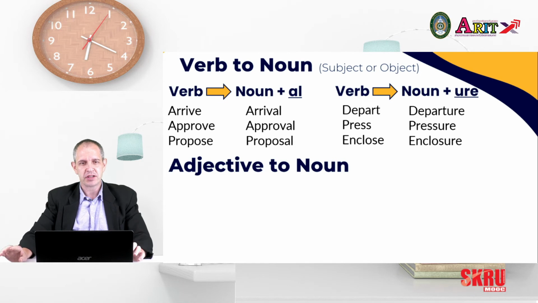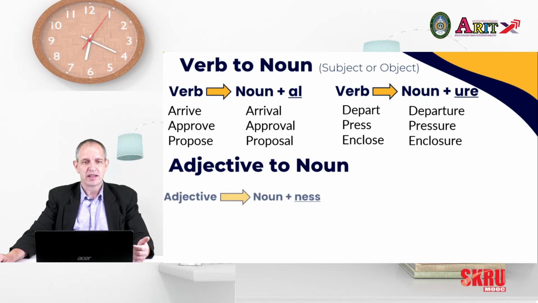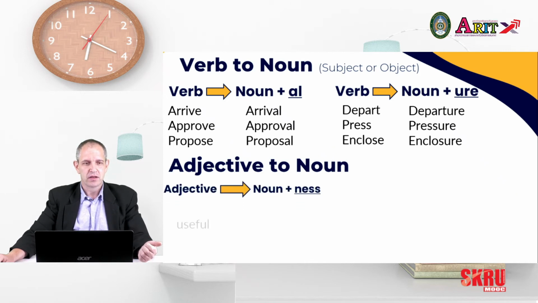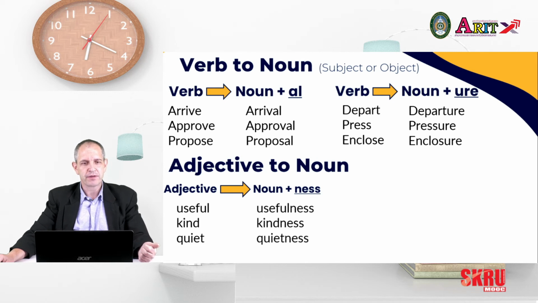Now, not just verbs can change to nouns, we also have adjectives that can change to nouns. For example, ness. So useful, kind, and quiet all become nouns with ness: usefulness, kindness, and quietness.